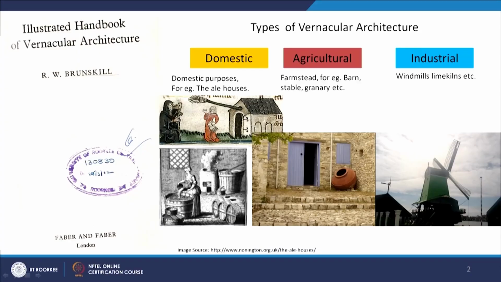Even certain lime kilns and cheddar making processes are industrial and production oriented. So that is how he classified the domestic purposes, the agricultural purposes and associated activities, and those linked with production, which could be industrial, windmills, kilns or anything like that.